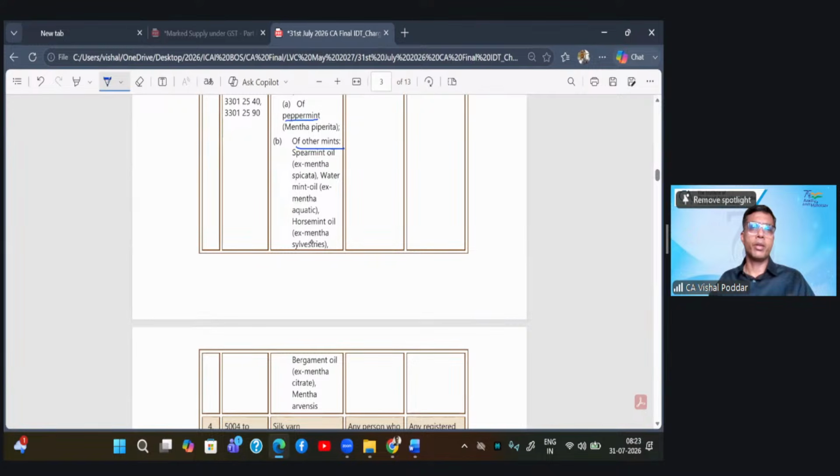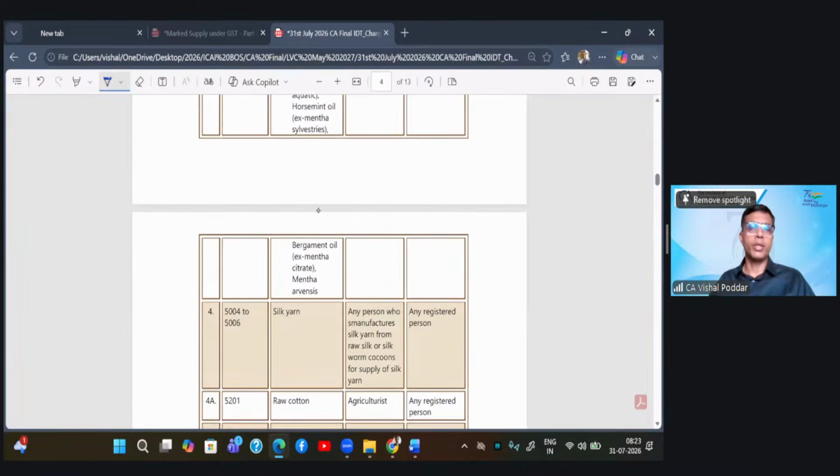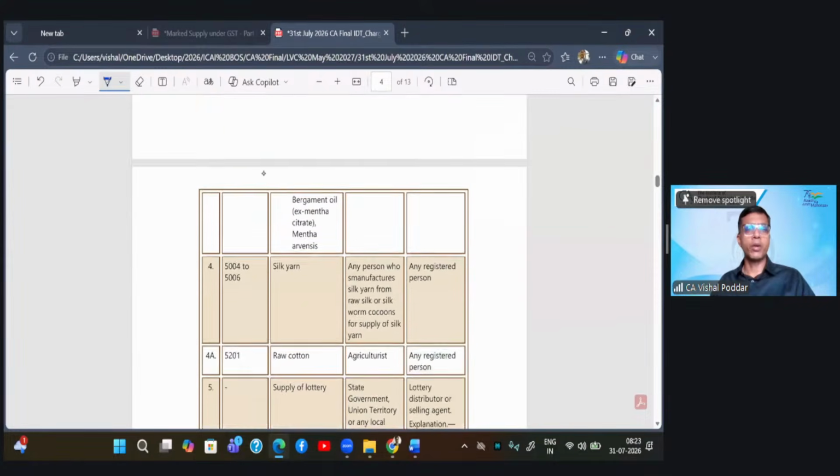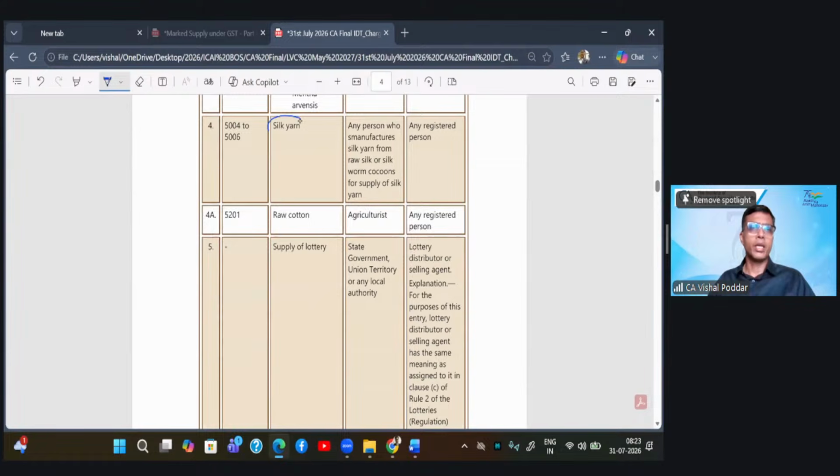The names are given. Whenever any of these oils are sold by an unregistered person to a registered person, the tax is payable by the registered person. Again, through this point, the government is trying to relax the compliance burden on the unregistered person, but only for these specific oils. Then comes silk yarn.